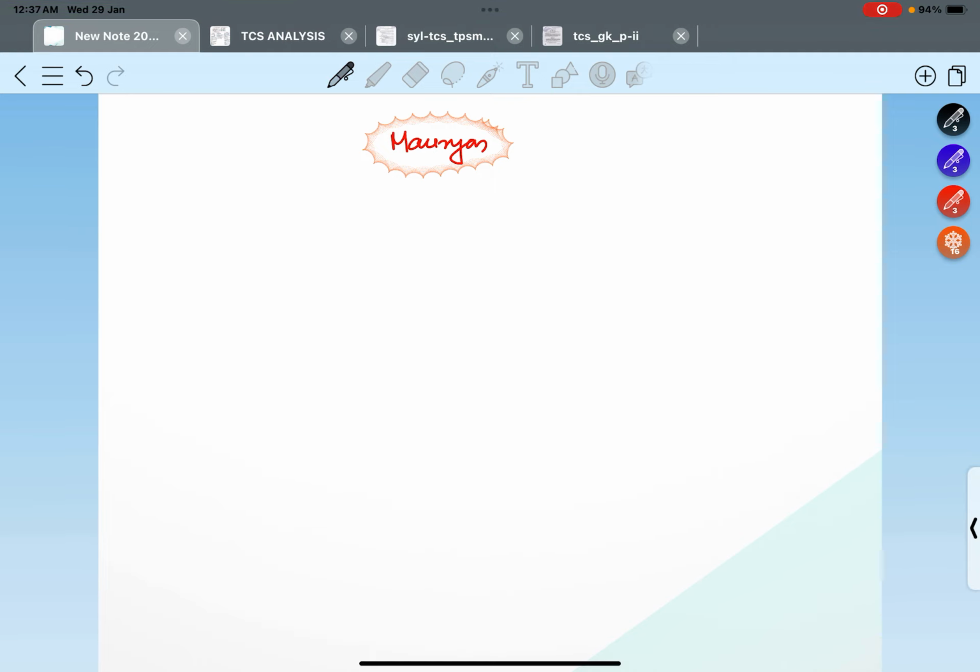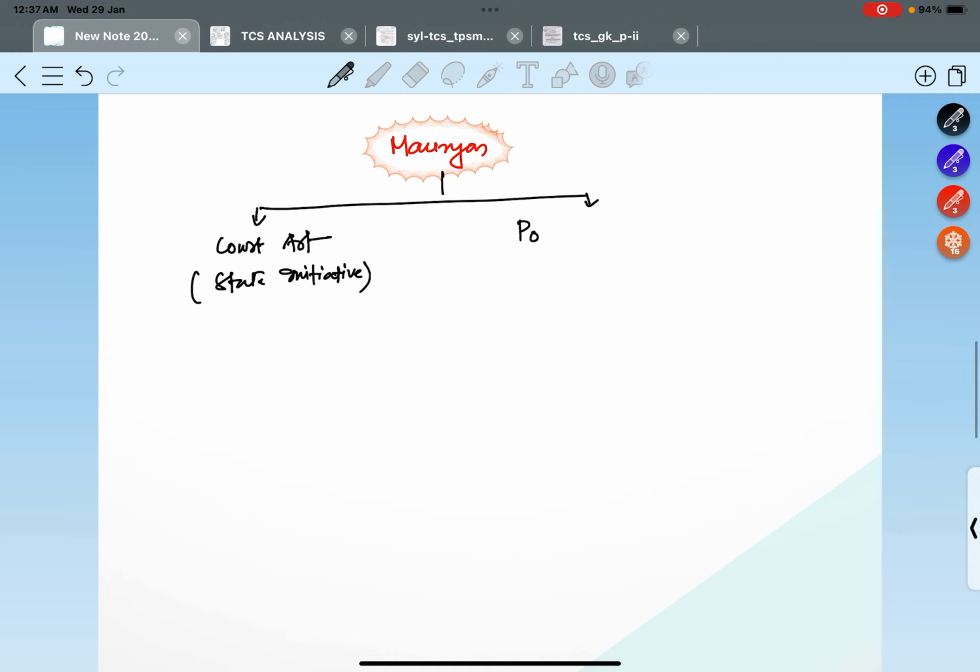So Mauryan art and culture are mainly divided into two parts, that is court art, that is a state initiative, and another is popular art, individual initiative.